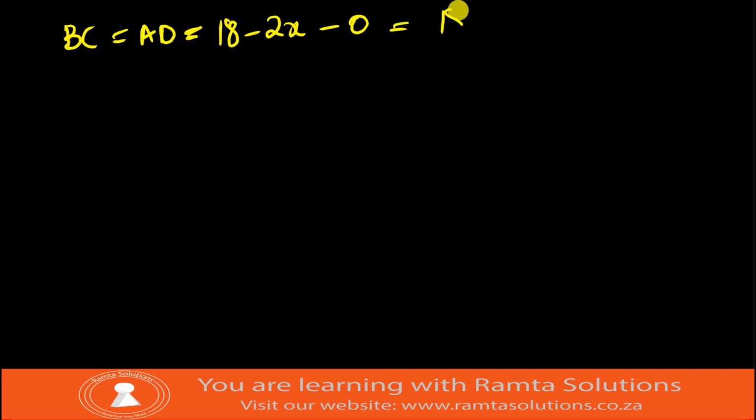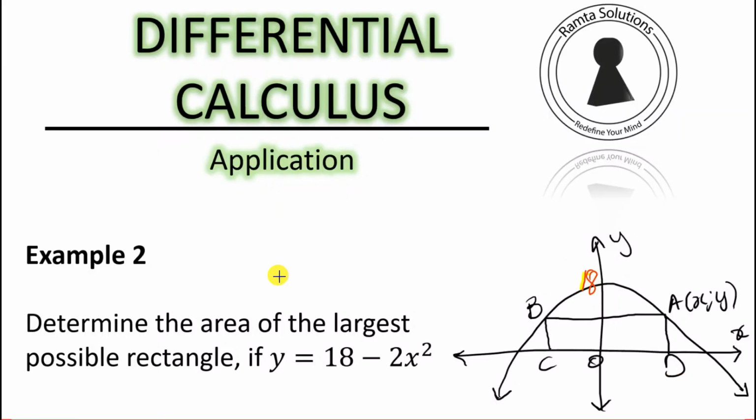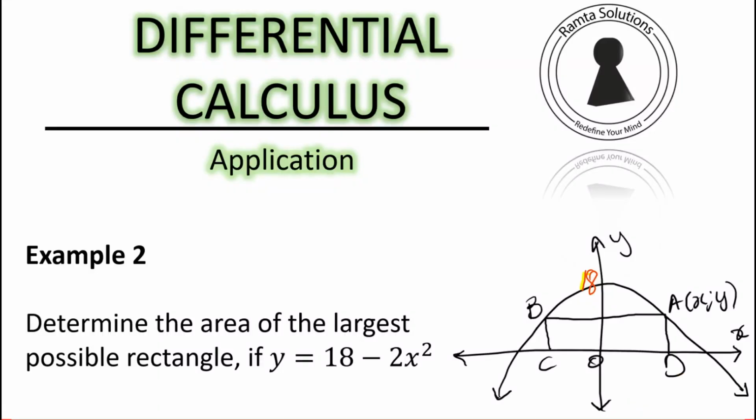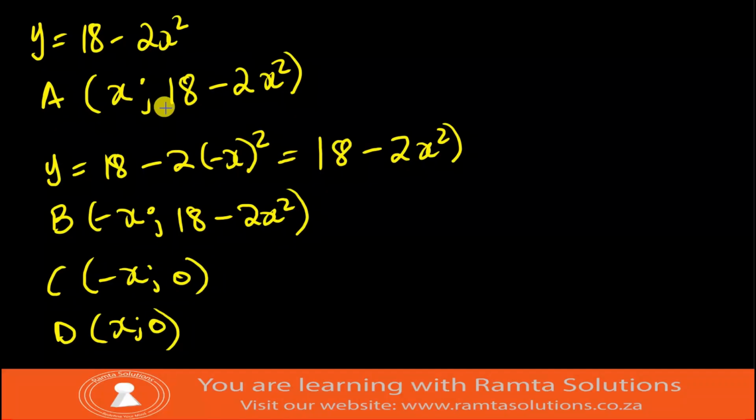This is simply 18 minus 2x squared. I did this deliberately, saying minus 0, because they are lying on the same line. So the distance between two points that are on the same line, vertically or horizontally, is basically final minus initial. Okay? So BC is equal to AD. It is 18 minus 2x squared.